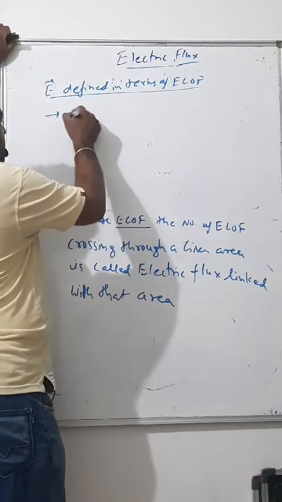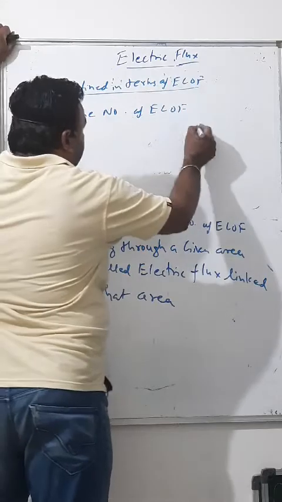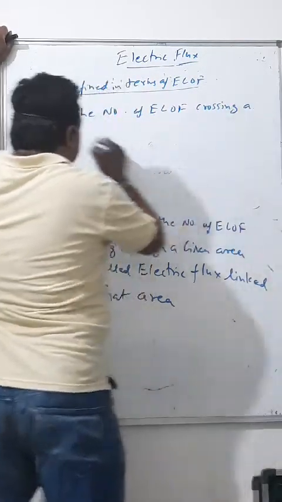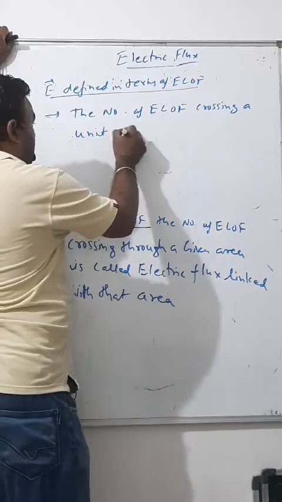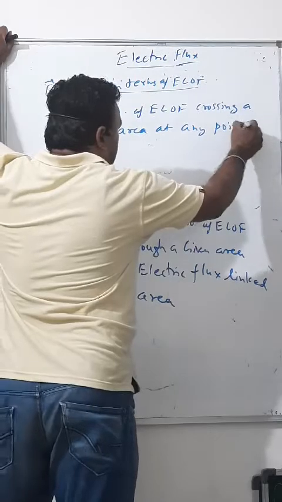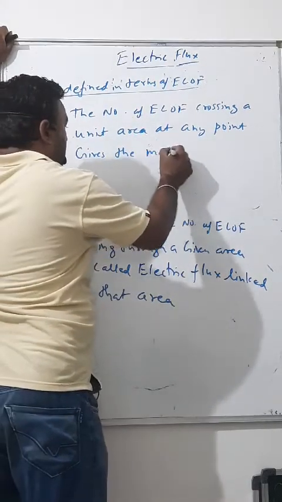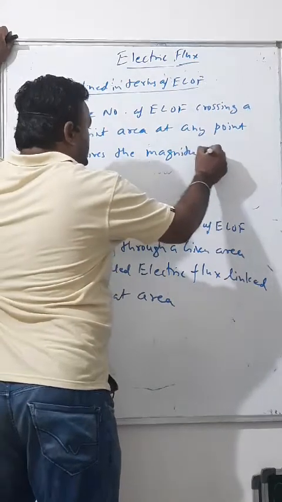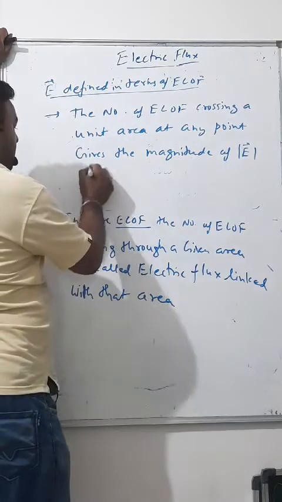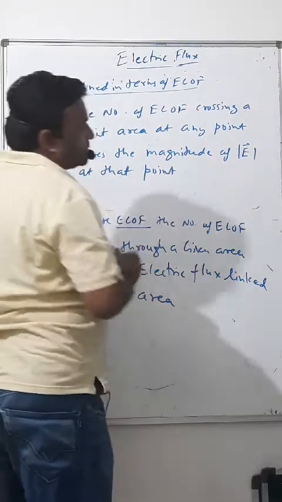It is defined as the number of electric lines of force crossing a unit area at any point gives the magnitude of this electric field intensity at that point.